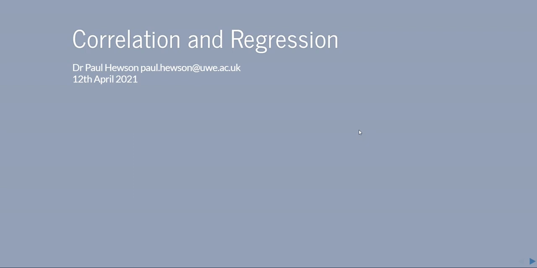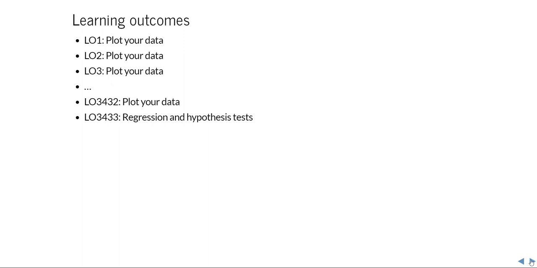So this week we considered the topics of correlation and regression, and I made a point in the lecture that the learning outcomes really, up to 3,432 of them, a very big number, are plot your data. And the most important thing is we can fit regression models very easily.